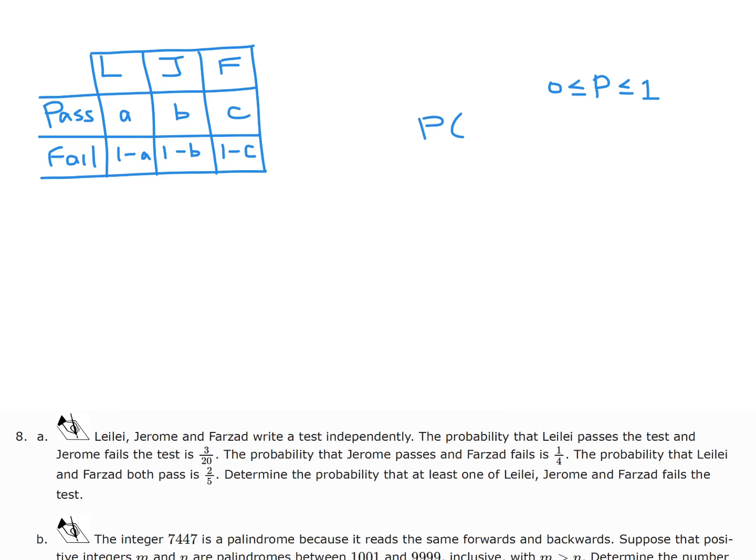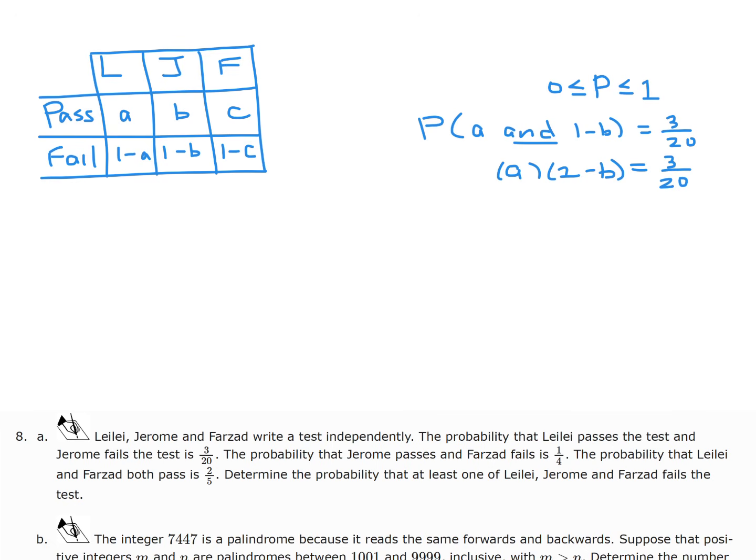Okay, so the probability of Cayley passing, so A, and the probability of Jerome failing, so that's 1 minus B, is 3 over 20. We have to multiply the probability of Cayley passing by the probability of Jerome failing, so that's 1 minus B. So A times 1 minus B is 3 over 20.